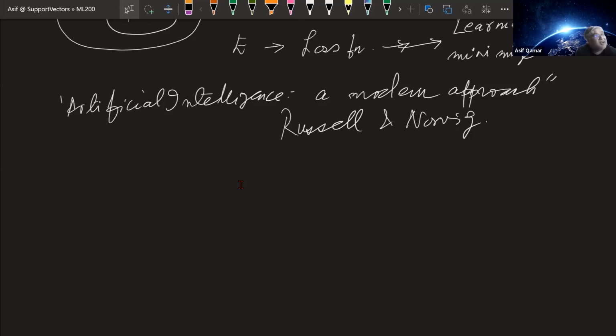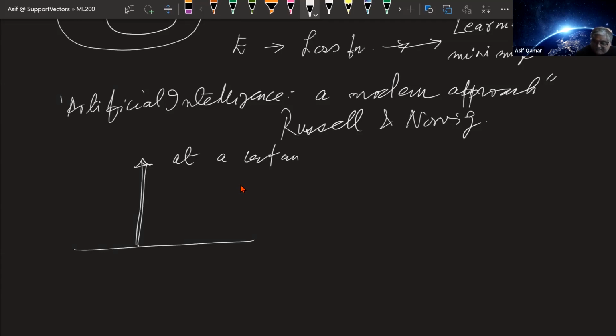For example, when you think about what data can do, one man observed or wrote in a book that was in the Library of Alexandria that if you put a stick in the ground, then on a certain day, at a certain place, at a certain time of year, the stick will cast no shadows.